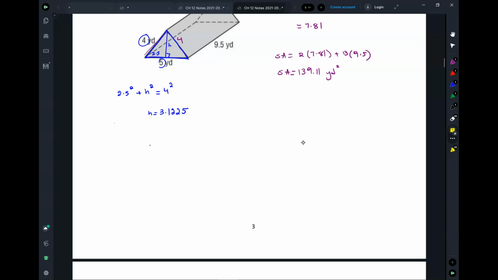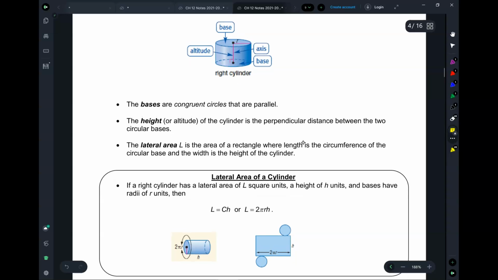So to find the area of this lateral surface, it's actually a rectangle that you have to find the area of when you unravel it. So it's height times base. Well, what is the base of that? Look, it's the circumference of that circle underneath. Okay? So that's how cylinders work.